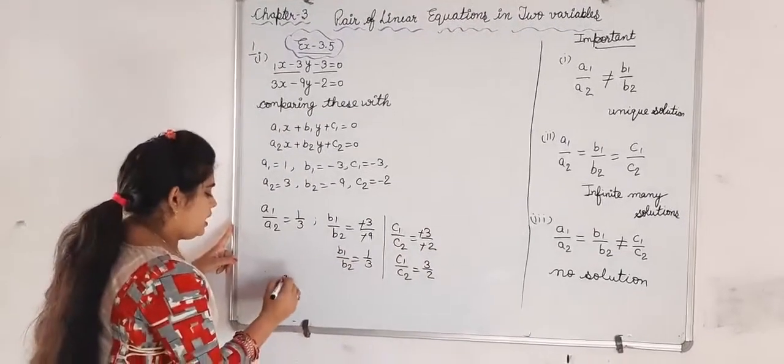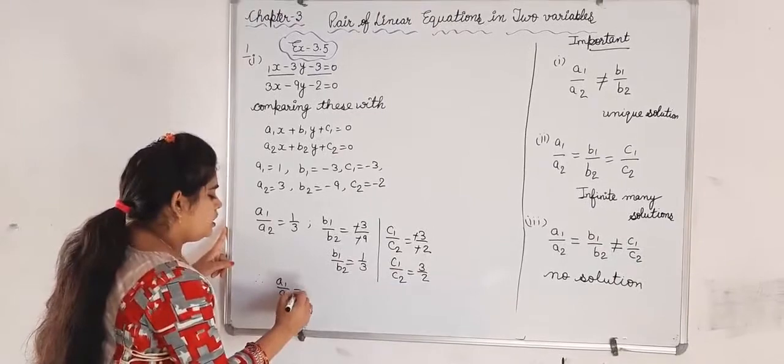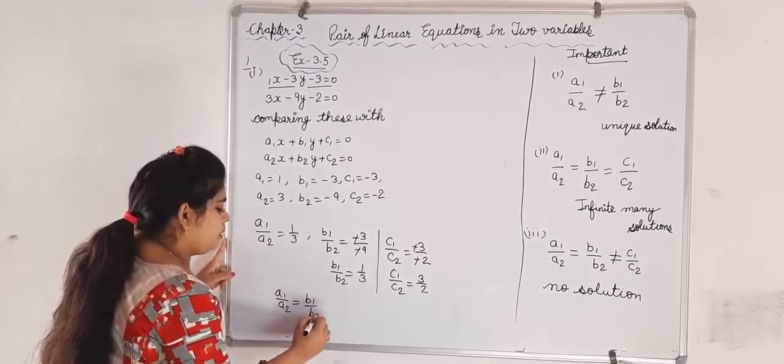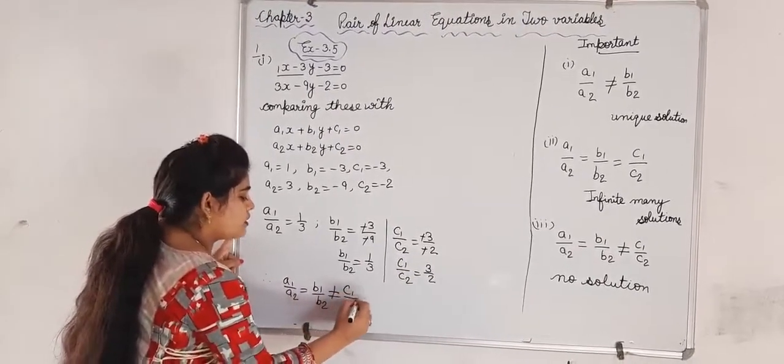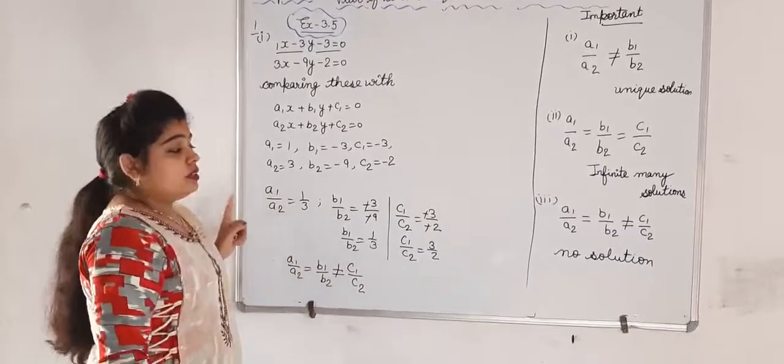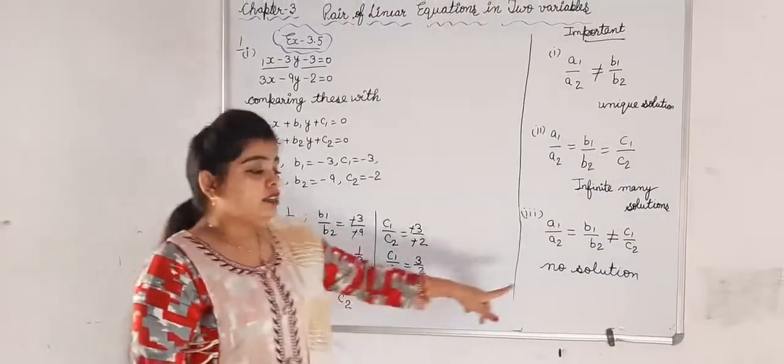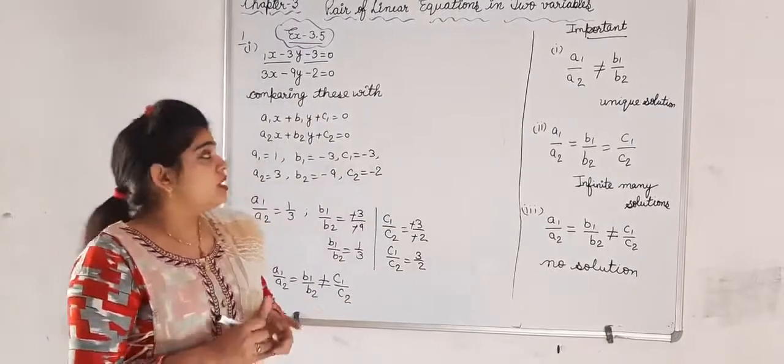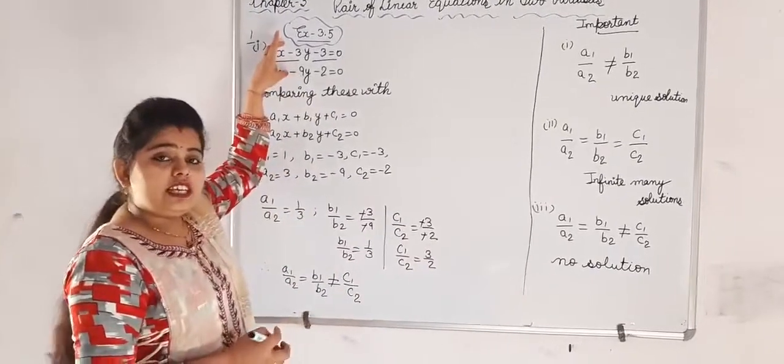So a1 by a2 is equal to b1 by b2 not equal to c1 by c2. So according to this, there is no solution of these equations.